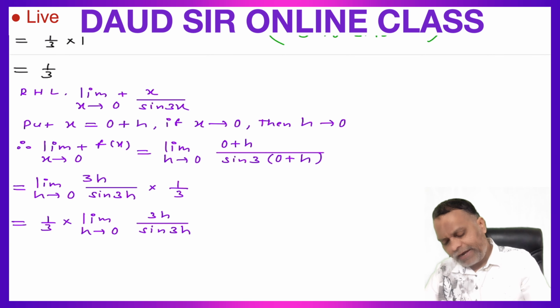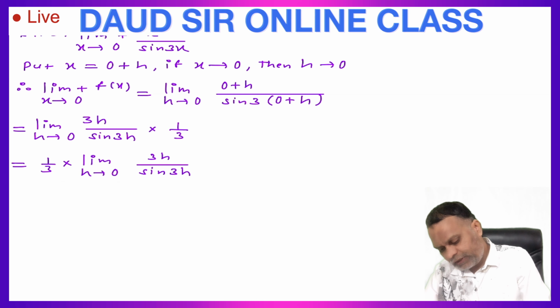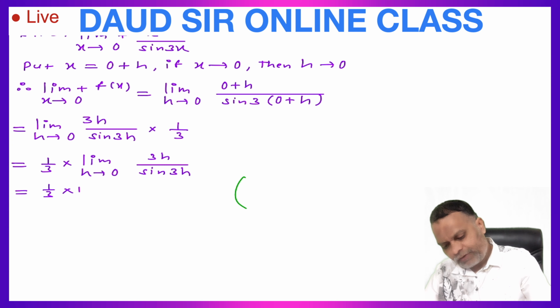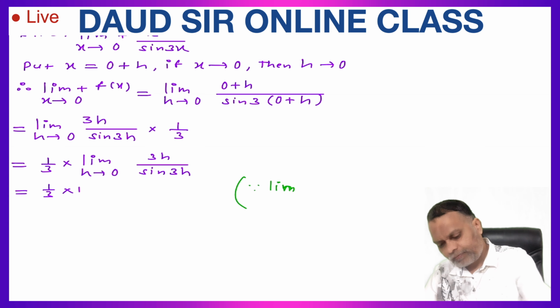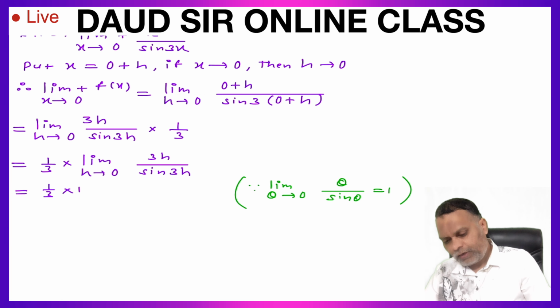Same limit we can apply: limit theta tends to 0, theta upon sine theta is equal to 1. So 1 upon 3 into 1, 1 upon 3.